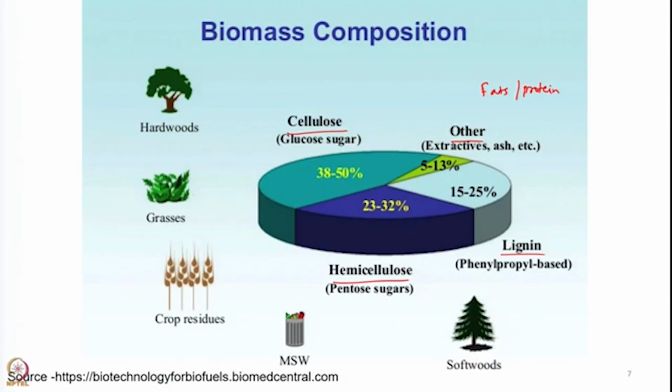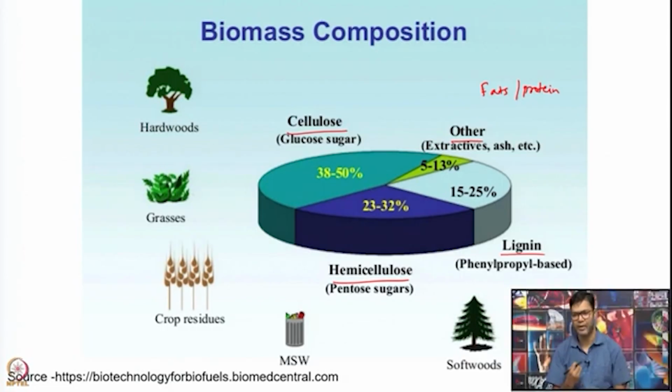If you have seeds like mustard seed or peanuts, they will have a very high content of fat. Some fruits will have a high content of protein, fats or sugars, but if you look at the totality of a plant, the major components will be cellulose, hemicellulose and lignin.